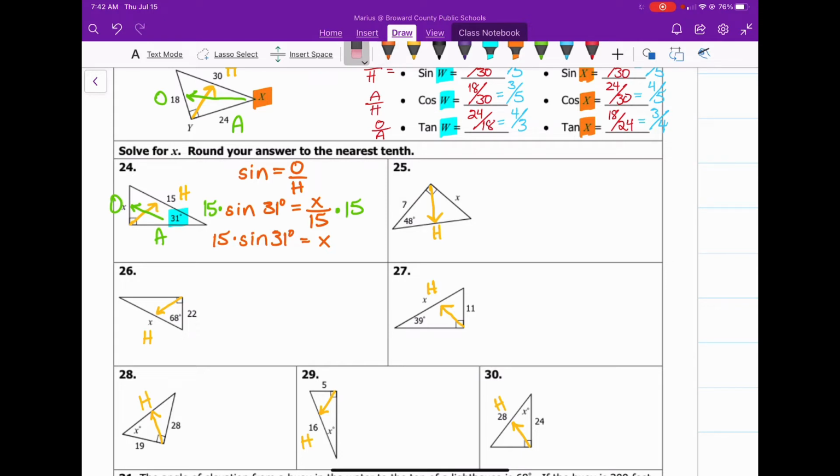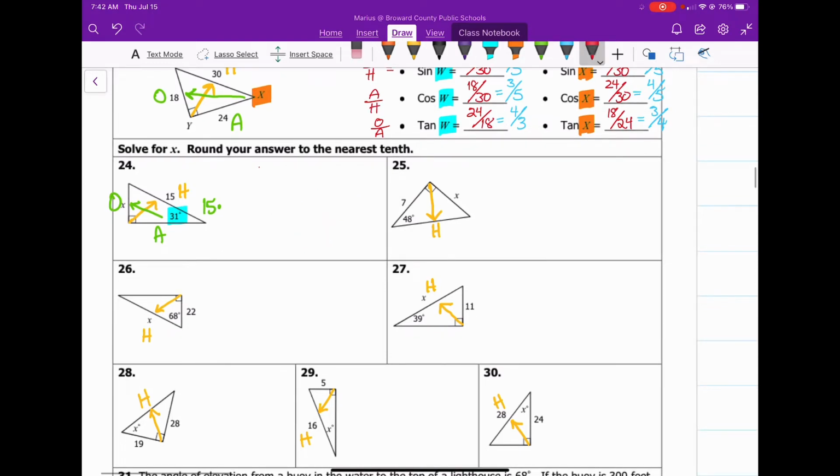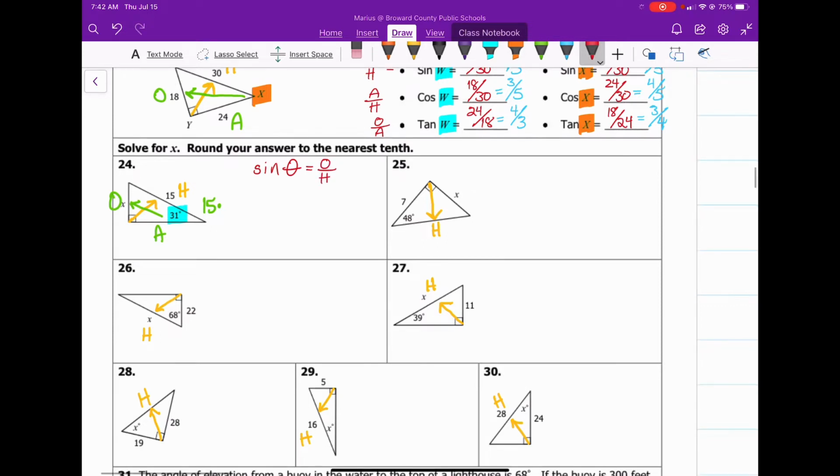So what I'm going to do real quick, I'm going to rewrite all this with a smaller pen. So we know we're going to use sine of the angle, and we'll use theta to represent the angle. Sine theta is equal to opposite over hypotenuse. Our theta, which is our angle measure, is 31 degrees. And that's equal to X over 15, okay?